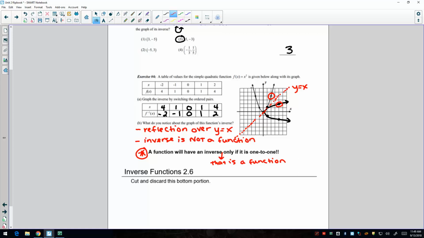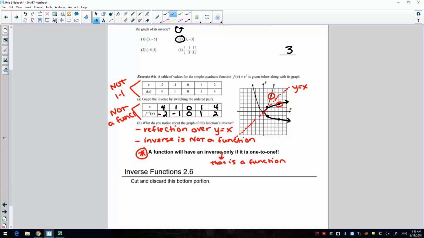And that is because if you look back at the original graph, y equals x squared, it did not pass the horizontal line test. It was not 1 to 1. So because this graph was not 1 to 1, then the inverse is not a function. Okay?